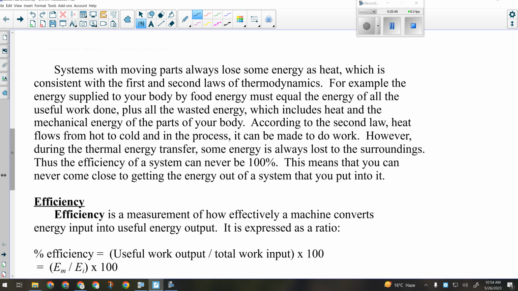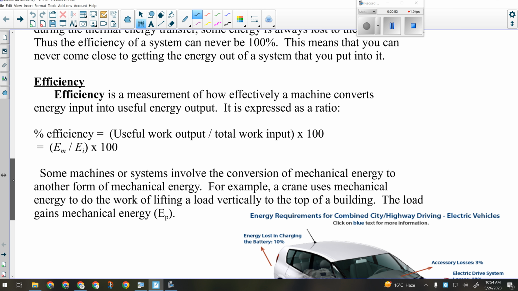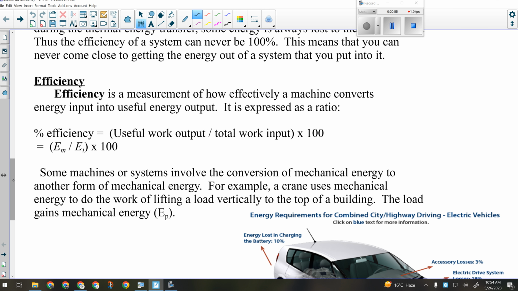Okay, so if we're looking at efficiency in terms of calculations, this is what we do. To calculate our efficiency, we take the useful work that the machine does, the useful work output, and we divide it by the total work input. If I was talking about my truck, this would be the energy in my fuel, and this would be what my truck actually does.